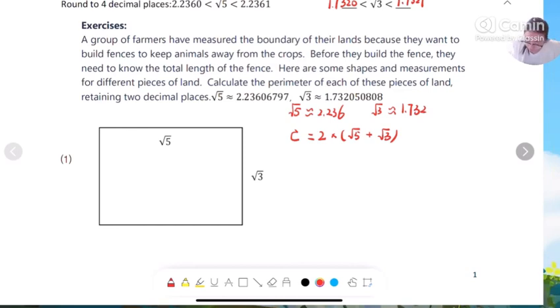So the perimeter is equal to 7.936. So the result is 7.94 with 2 decimal places.